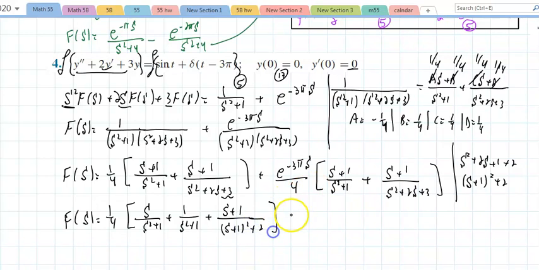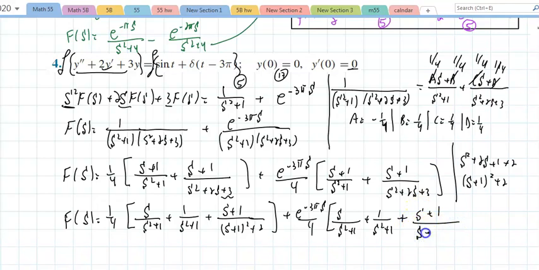It worked out nicely. Plus e to the negative 3 pi s over 4 into s over s squared plus 1 plus 1 over s squared plus 1 plus s plus 1. Here the shift matches. If it didn't match, I would have had to modify it like I did the previous section. Oh boy.